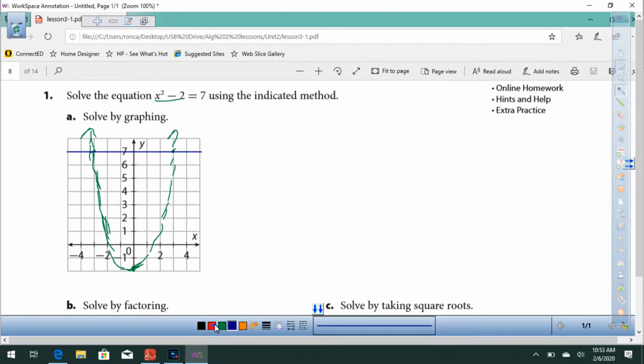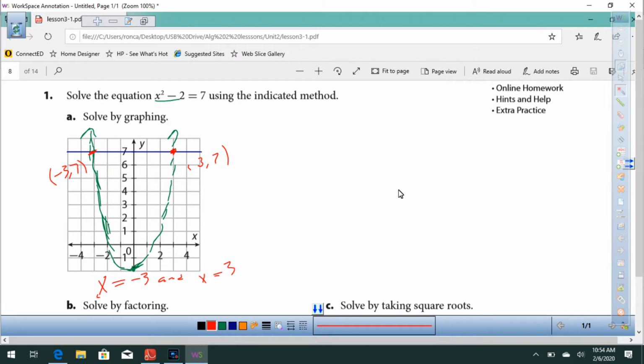So these 2 points right here where they cross, that is 3, 7, and this is negative 3, 7. So solve by graphing, we got x equals negative 3, and x equals 3.